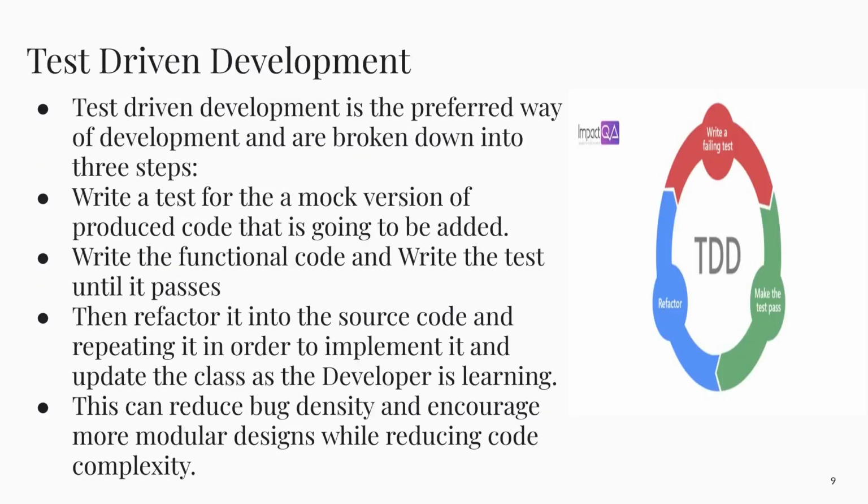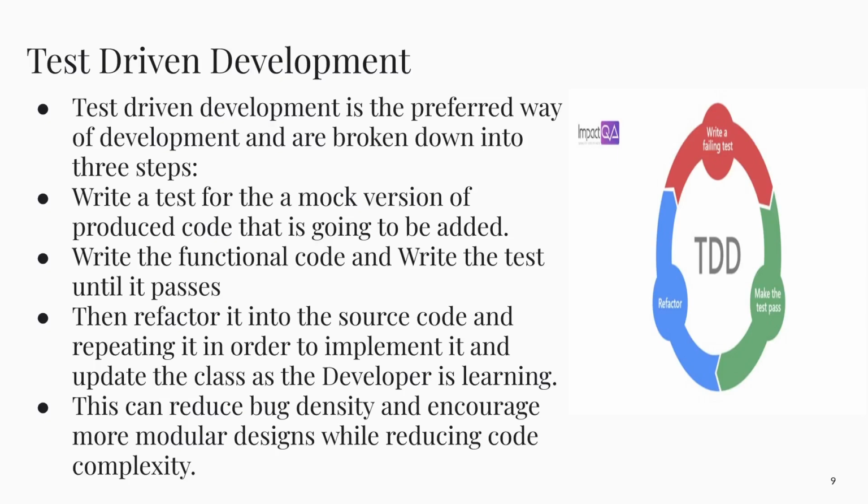Now, in my previous slide, I mentioned that there is test-driven development, and I wanted to take a moment to talk about it. It is the most preferred way of development, and it is broken down into 3 simplified steps.